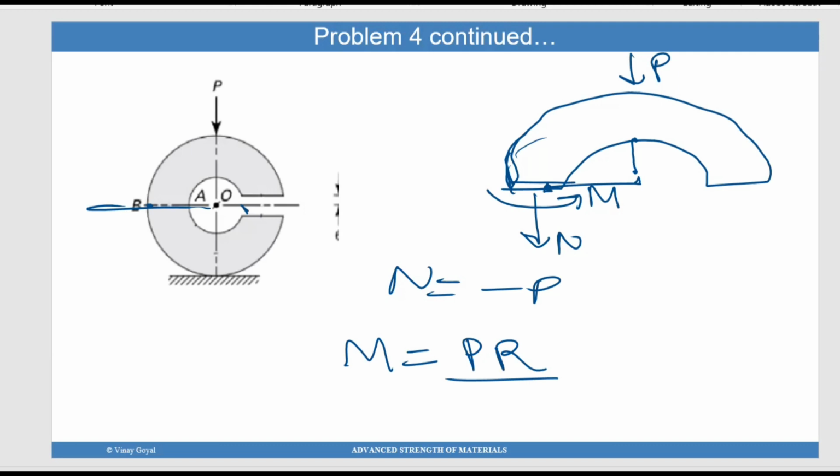Why you do that is because if you do that integration, right, P into the small moment there and so on, you take this R, you find out what the moment is, you take this R, you find out what the moment is. Eventually, if you do that integration, you can get PR, where R is the centroidal axis. So you can replace this moment, capital M, by, is the direction correct? This is going to be in this direction. No, I think it's negative, minus PR.